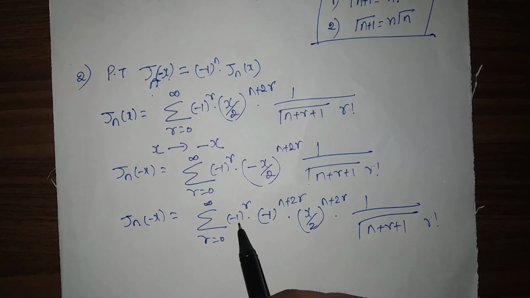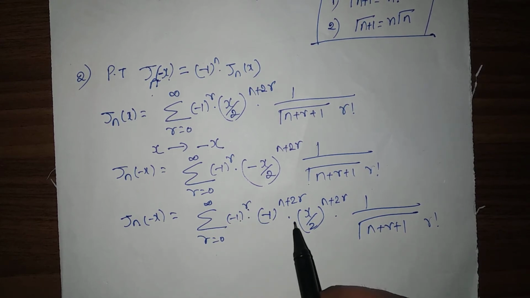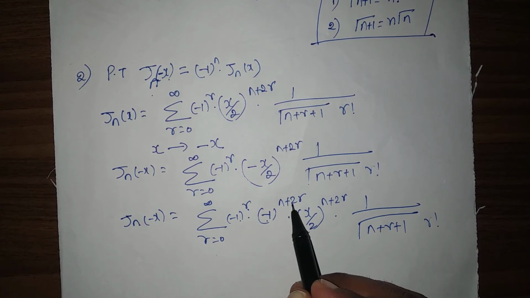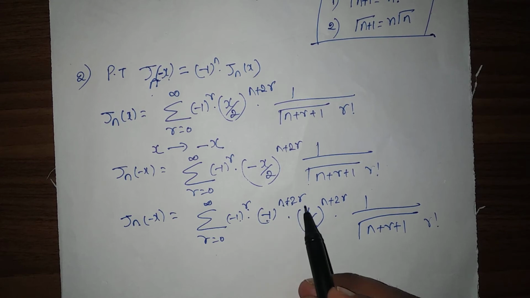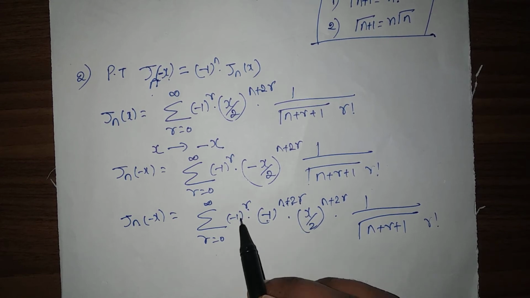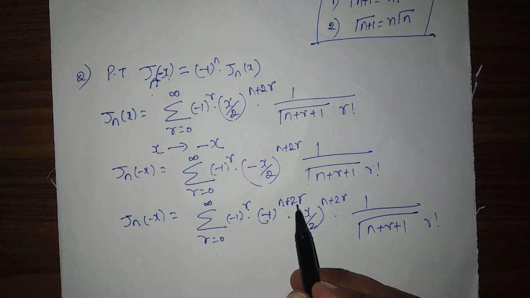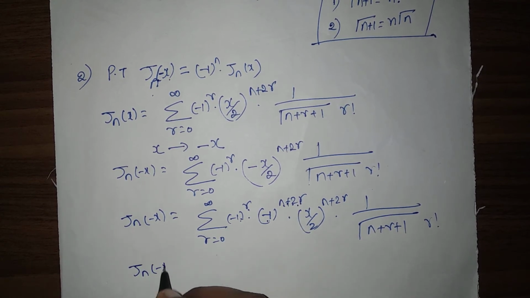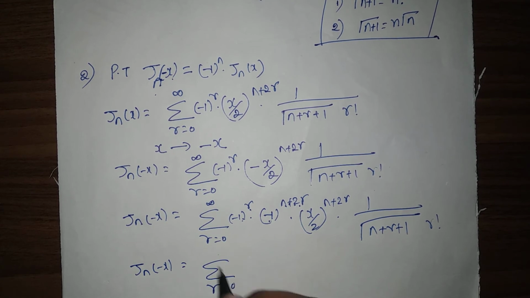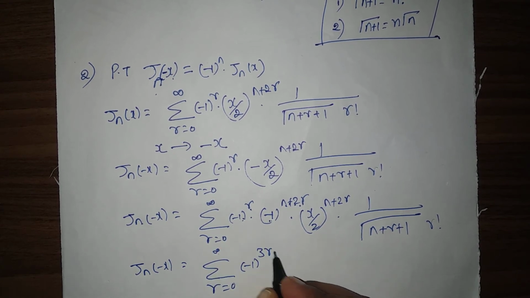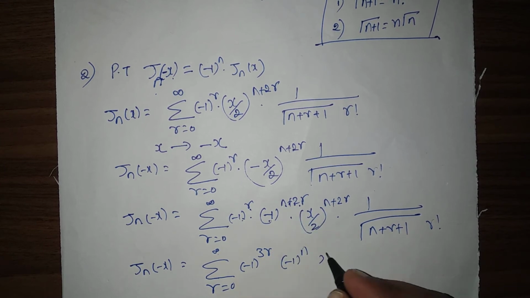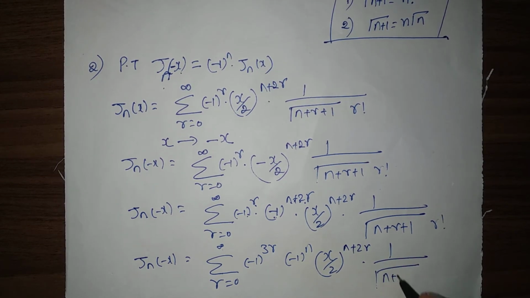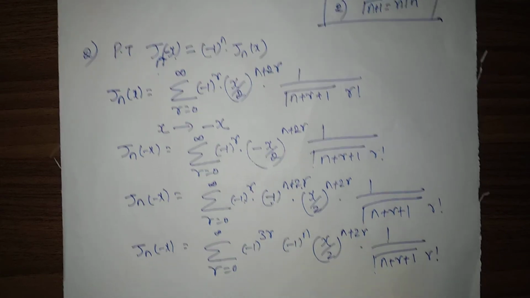Now if you observe here, minus 1 to the power of r and minus 1 to the power of 2r. Of course you have n plus 2r, but you can split this as minus 1 to the power of n into minus 1 to the power of 2r. So here minus 1 to the power of r and here minus 1 to the power of 2r. So what happens? You will get minus 1 to the power of 3r into minus 1 to the power of n. I'm just separating the terms, x by 2 to the power of n plus 2r, 1 divided by gamma of n plus r plus 1 into r factorial.